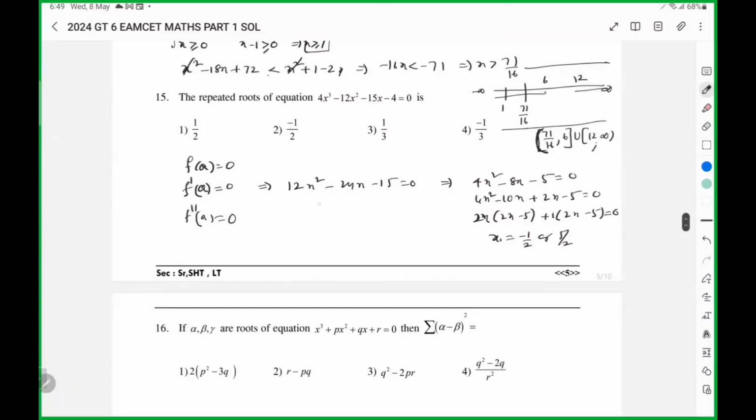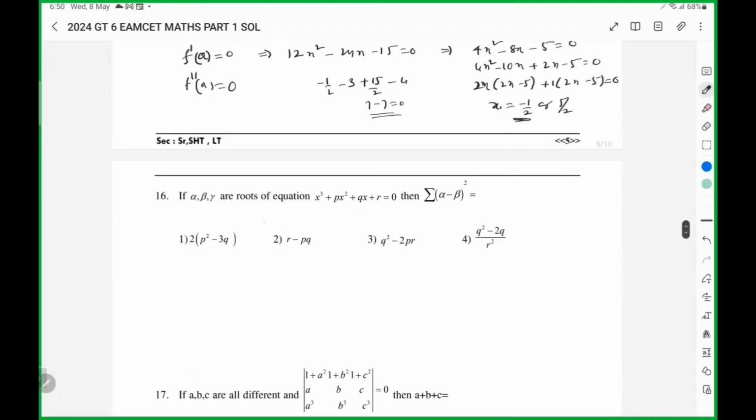Once you substitute f of minus half there, 4 into minus 1 by 8, 12 into 1 by 4, minus 15 into minus 1 by 2 minus 4, minus half, minus 3 plus 15 by 2 minus 7, minus 7. So minus half is a repeated root.